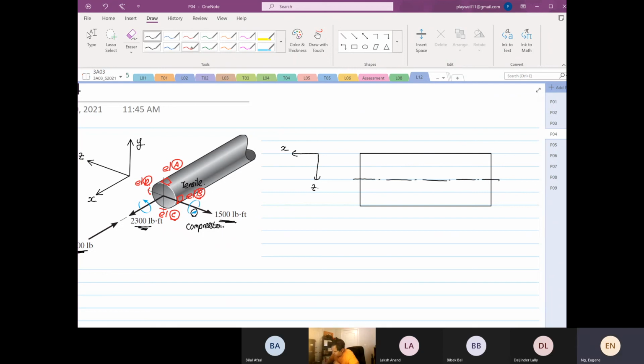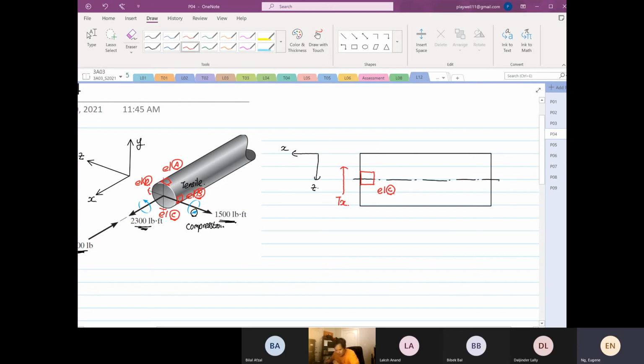This is our element C. Okay, so we know that over here, this is our torque in the X direction.